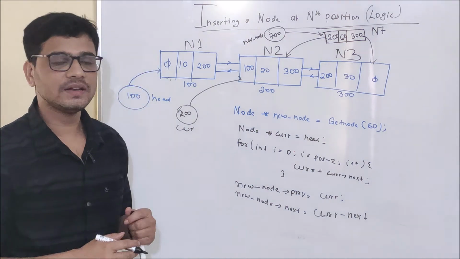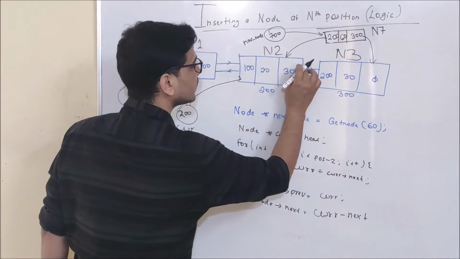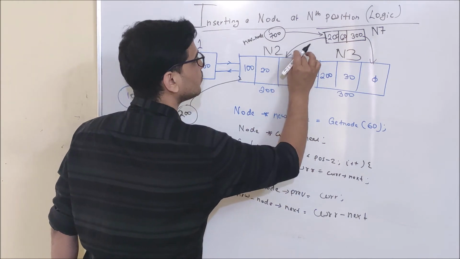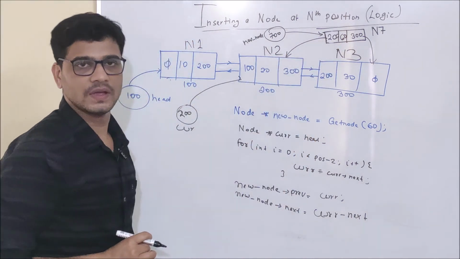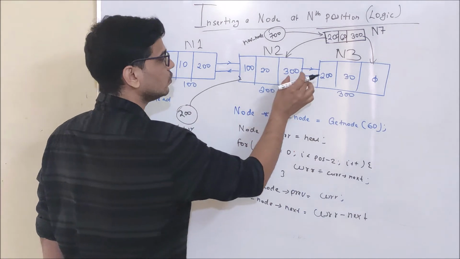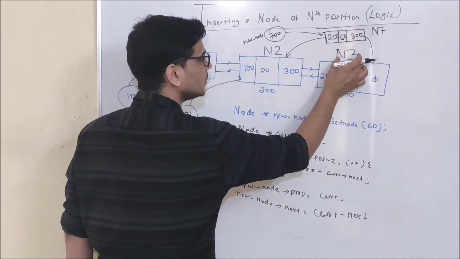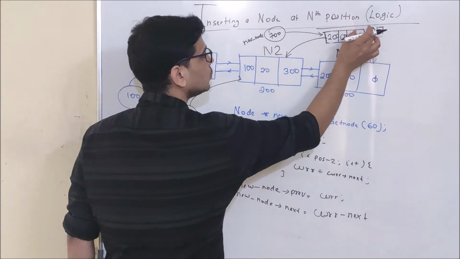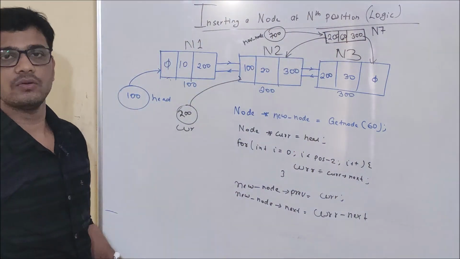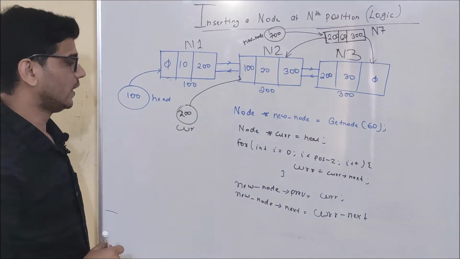Now what is remaining? We need to make node 2 next part point to node 7. After that we need to make node 3 previous part point to node 7. And how are we going to do it? This is also two lines of code.